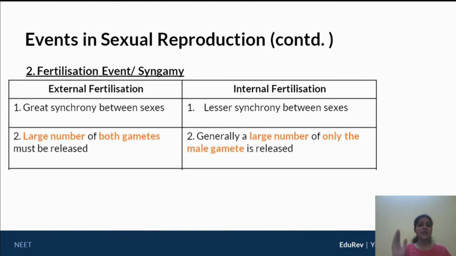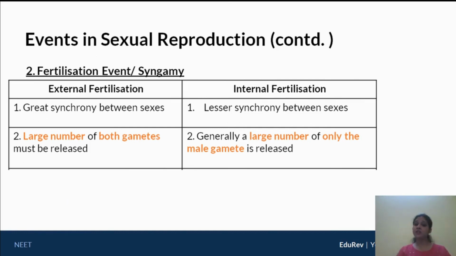Now, in case of external fertilization, large number of both gametes are required, whereas in internal fertilization, normally only the male is in large numbers. Now, let's take examples. For example, in case of the frog, the male and female gave out their gametes into water, so obviously both had to be in large numbers so that at least some of them would fuse.